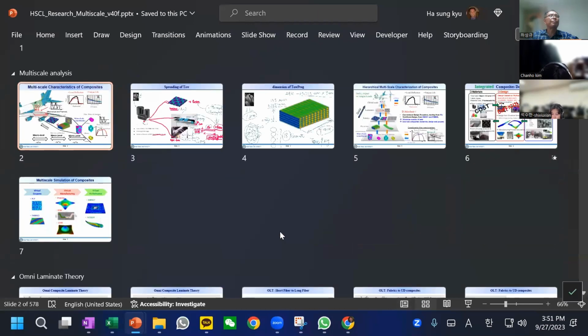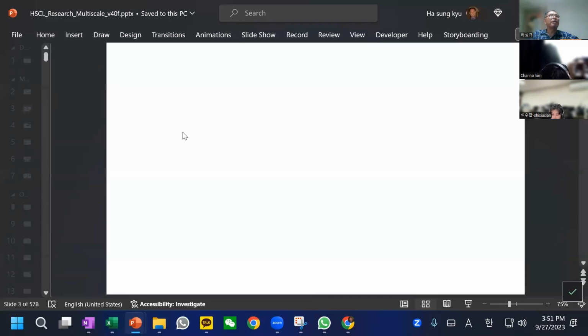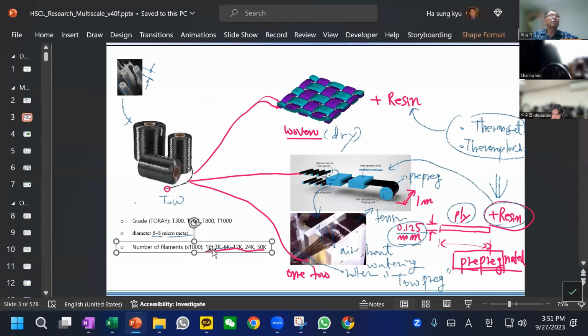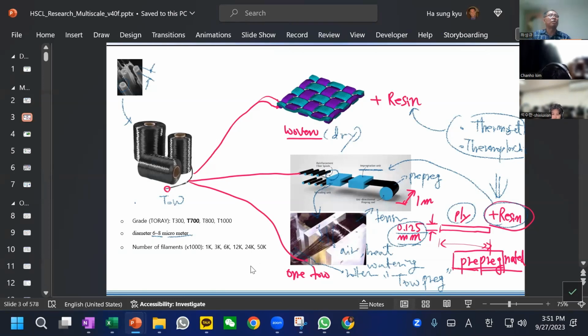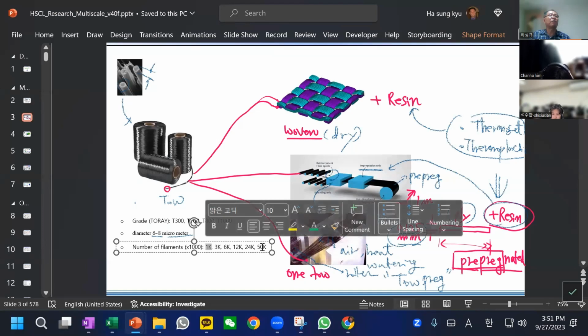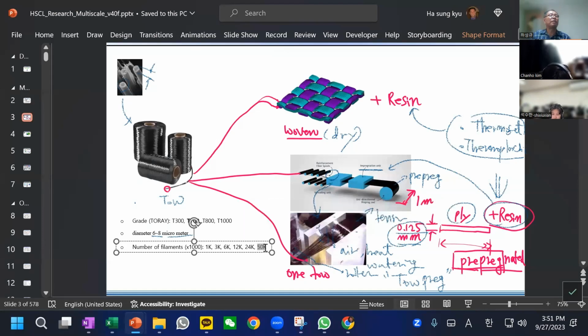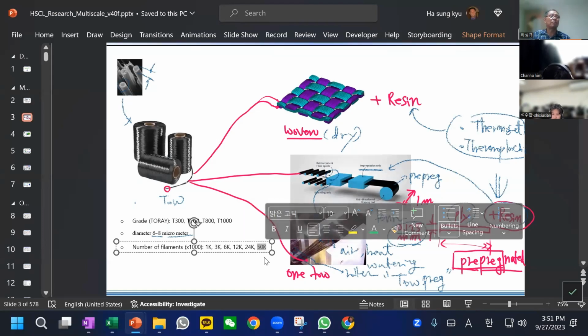Now, as mentioned here, we have a choice of many different numbers of fibers. Let's say 1,000, 3,000, 6,000, and 50,000. So as you can see, 1,000 compared to 50,000, there's 50 times more productivity, right? 50 times the productivity.